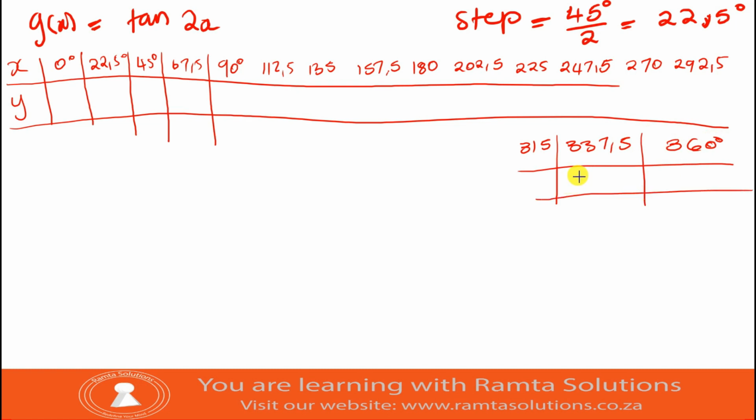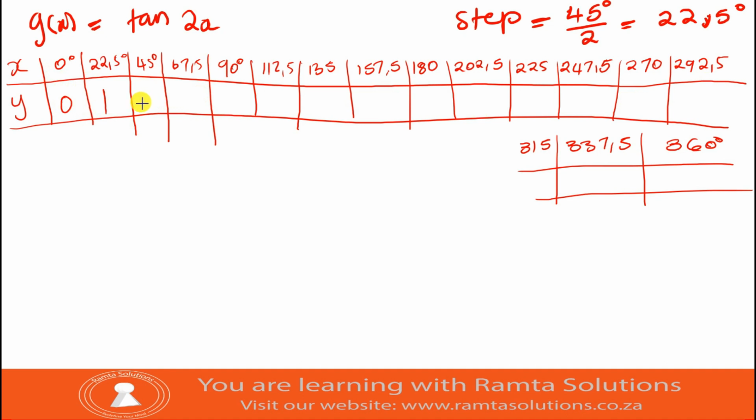so let's get the corresponding y values. Okay, so now let's see. When we have it in this way, we say 0 degrees, corresponding y value is 0. At 22.5, we get 1.